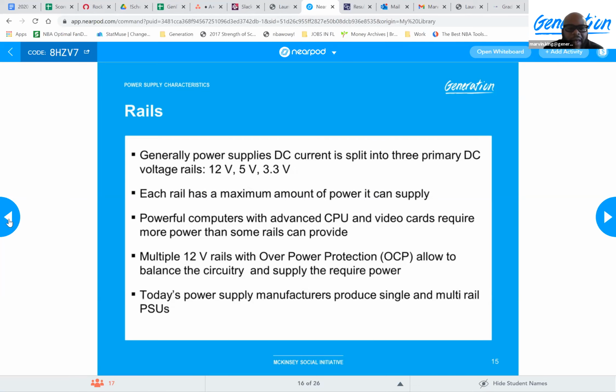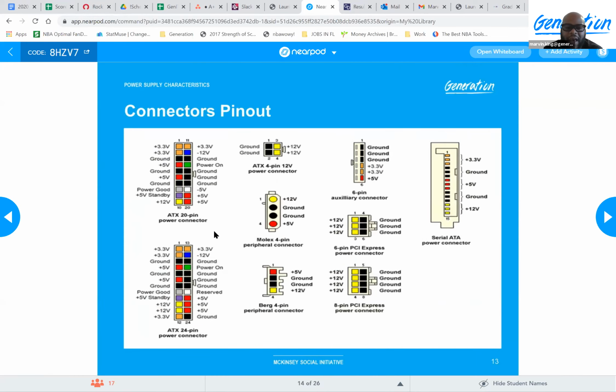So as we go back to this pinout, if you notice, those connectors, like the 8-pin Express right here and the 6-pin Express, those are only 12-volt rails. You're not going to have the ability to address how much you can send through those particular connectors on that power supply.